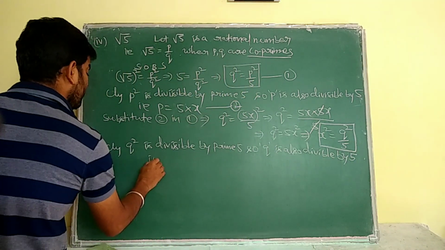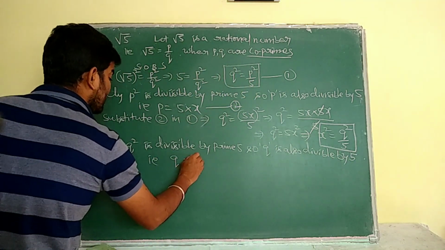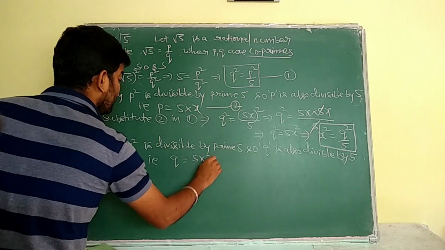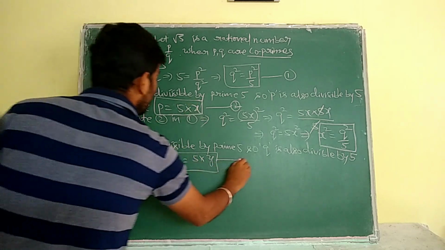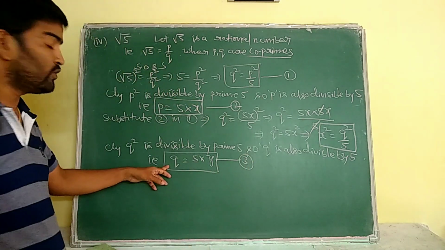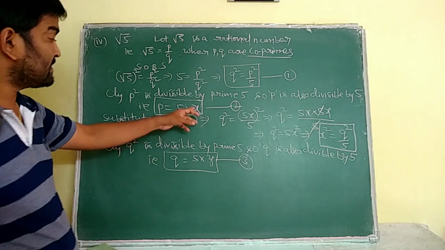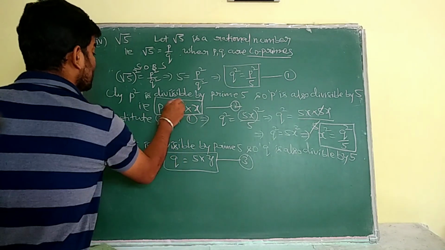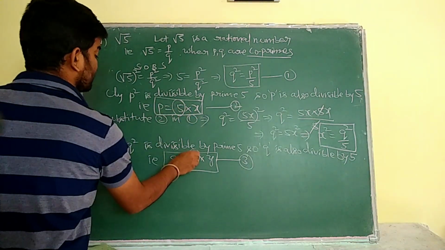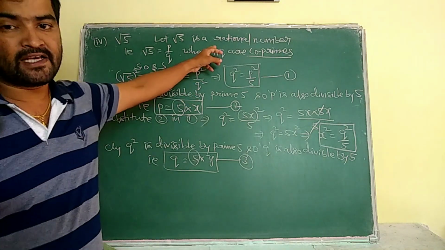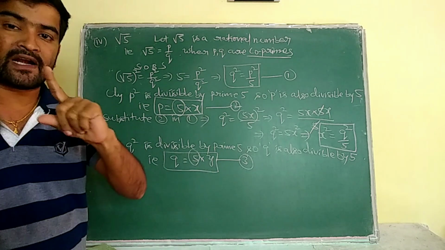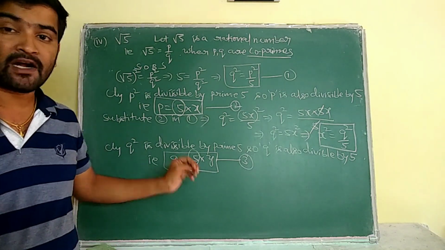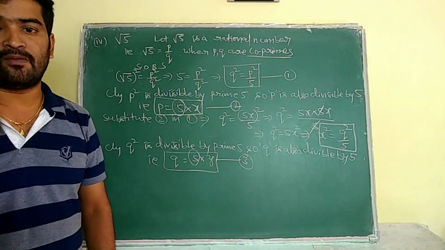That is, q is again expressed as 5 into some other value y. Here we obtain p is equal to 5x and q is equal to 5y. That means p and q have 5 as a common factor. But as we assumed that p and q are co-primes, they must have 1 as the greatest common factor. But here we obtain 5 as the common factor.